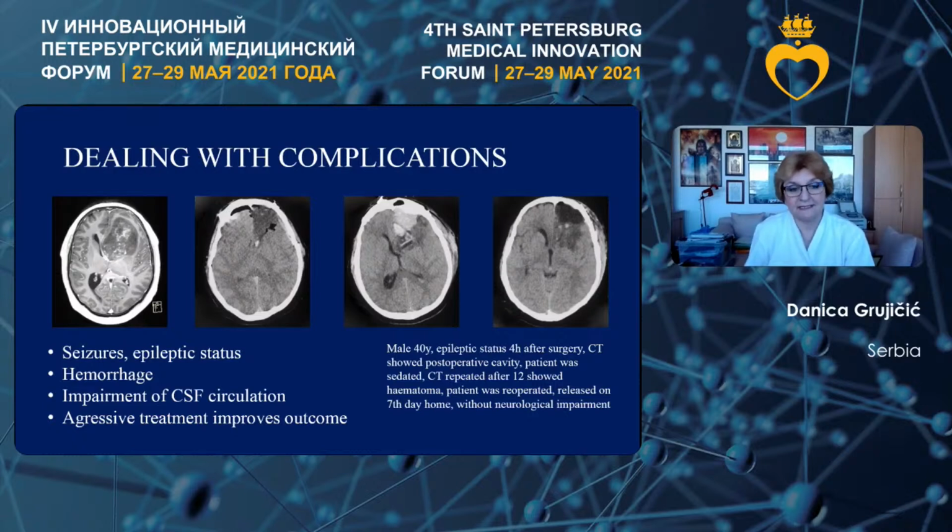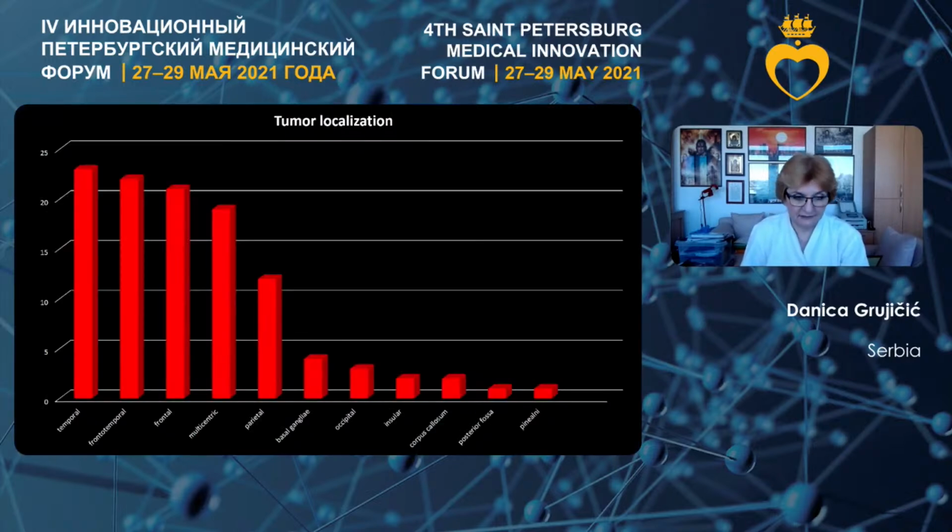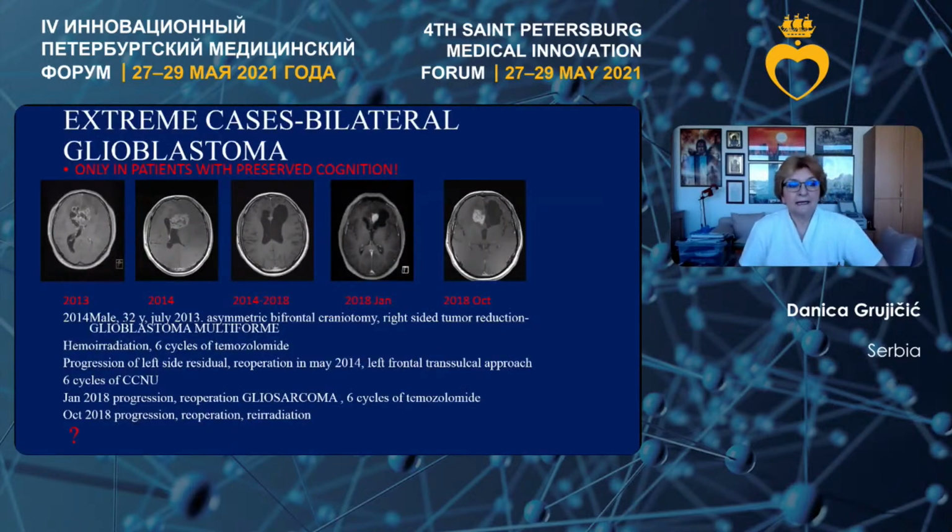The first control CT shouldn't be the last one. It's better to continue, especially if the condition of the patient isn't satisfactory. Localization: temporal, frontal, and we had quite a number of multicentric glioblastomas as well.